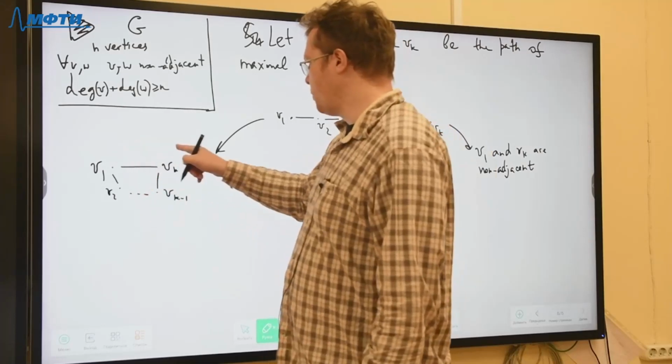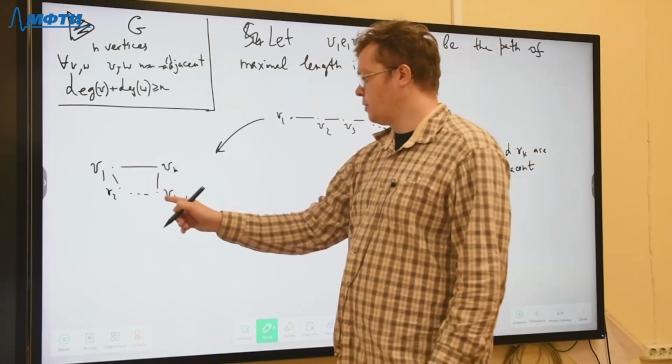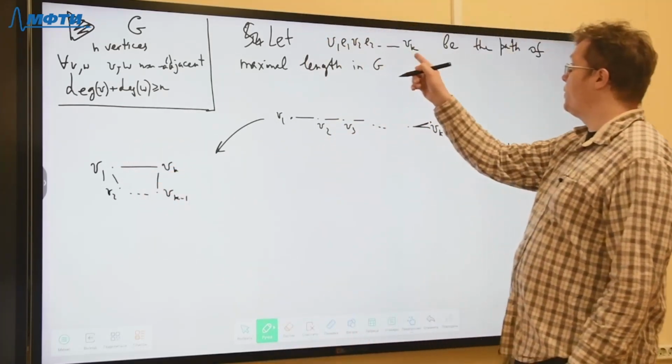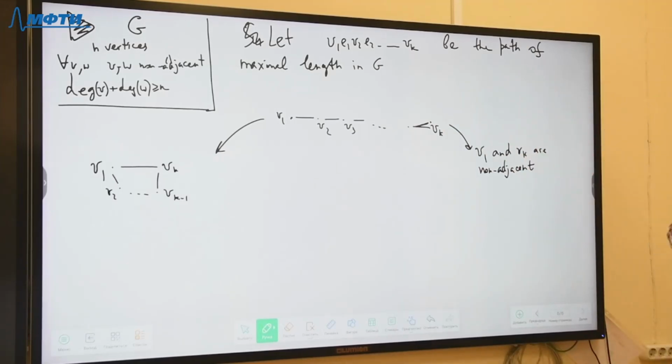What does it mean that we have a cycle on V1, V2, etc., Vk, and V1, Vk is the path of maximal length?